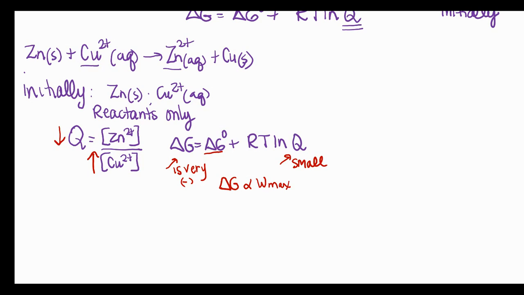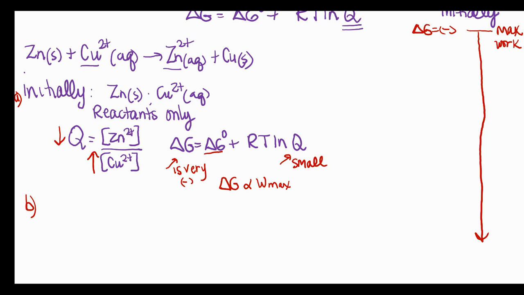And initially, I like to think of this as a process falling downwards, that up here, you are at the most negative that you can be. That's your maximum amount of work in this spontaneous process. Okay, so that's initially.